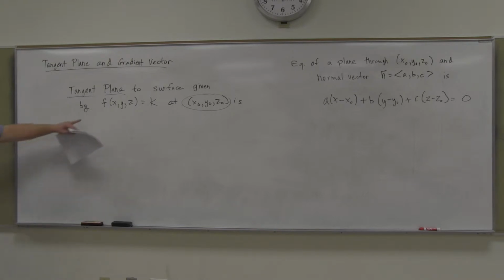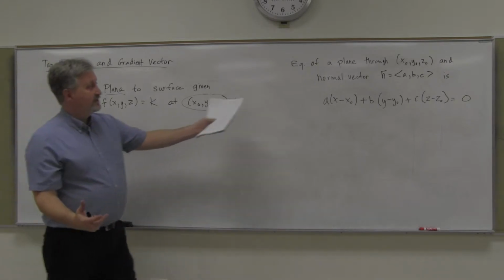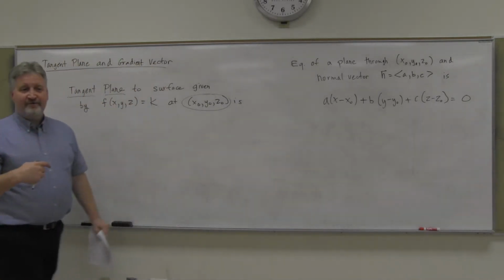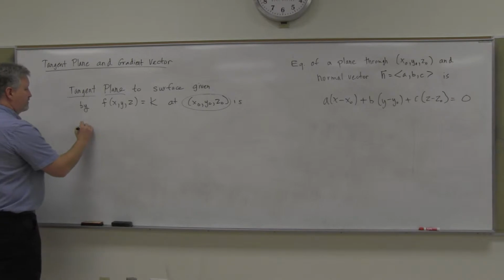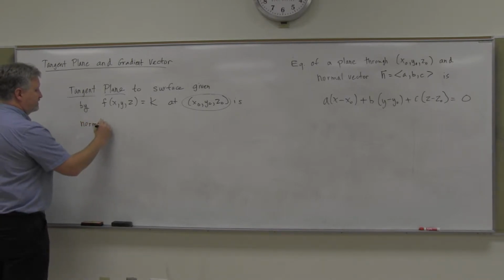We don't have the normal vector here, but what's our normal vector going to be?